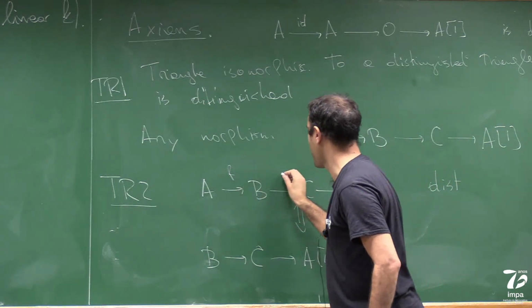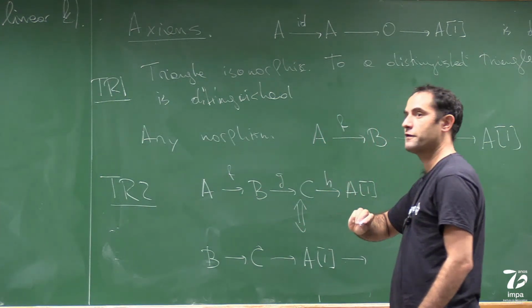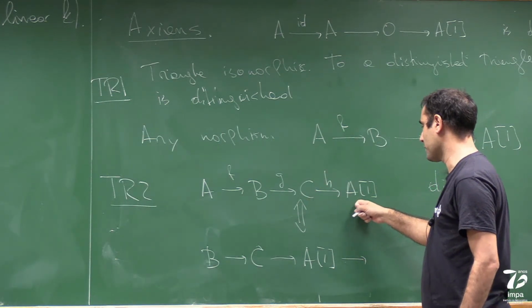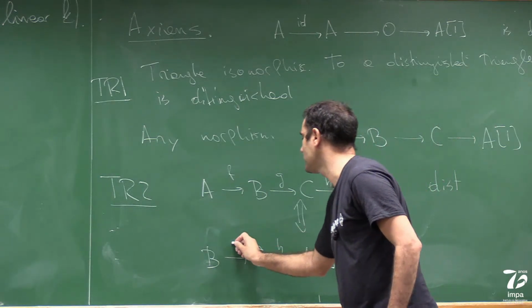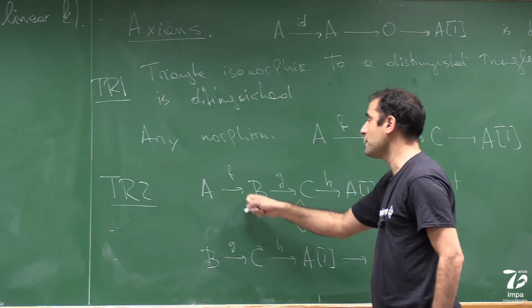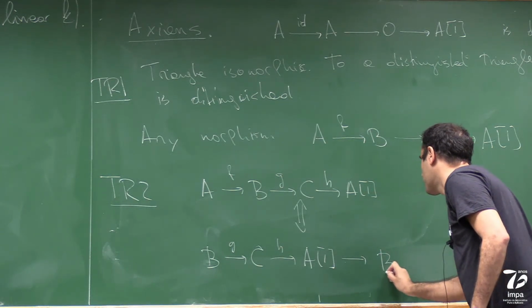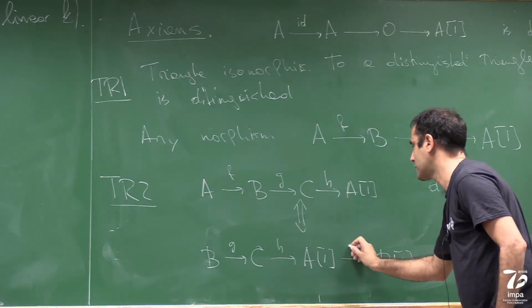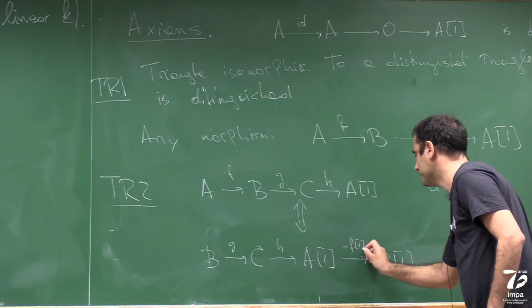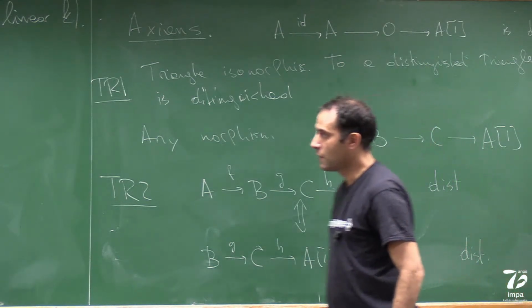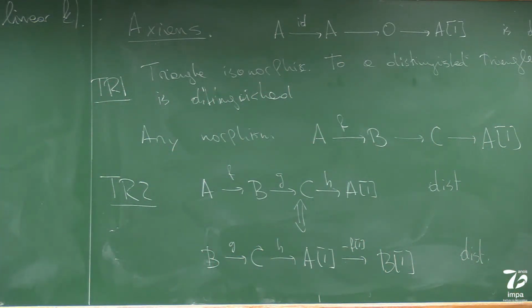If I call this morphism F, this morphism G and this morphism H, then I have a map from C to A shifted by 1. This is H, this is G. And I have a map from A to B, which is F. Therefore, I have a map from A shifted by 1 to B shifted by 1, which is minus F shifted by 1. So this is distinguished. So that's an axiom.